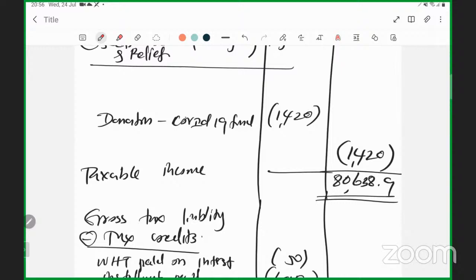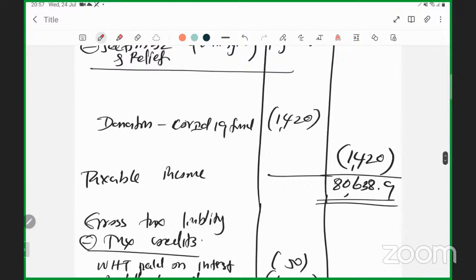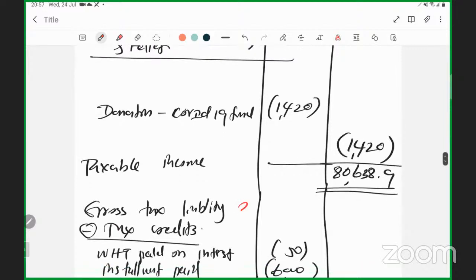If there is, you have to separate that income and tax at 40%. On the balance income, you need to tax at 30%. In this case, there is no liquor, tobacco, betting and gambling, and no capital gain. So the total taxable income 80,638.9 we can tax at 30%.